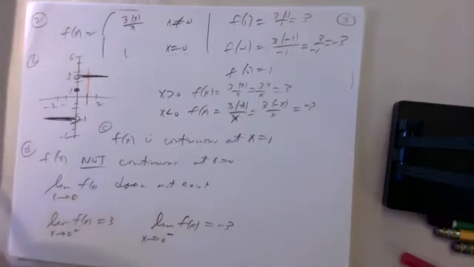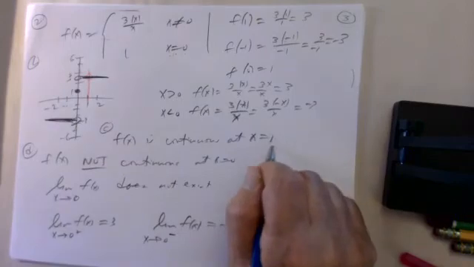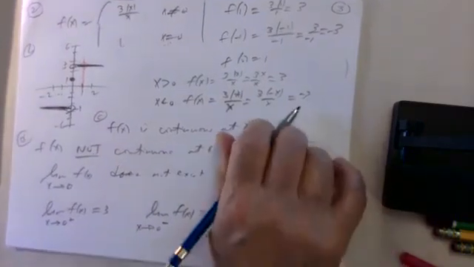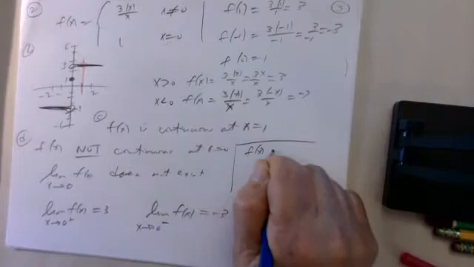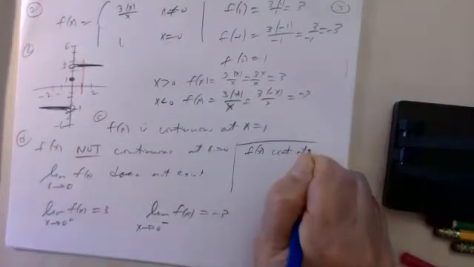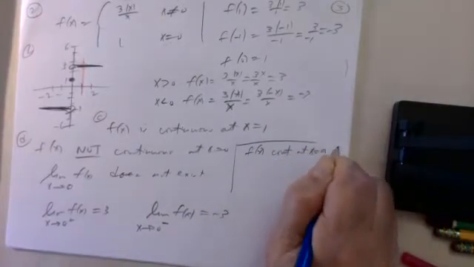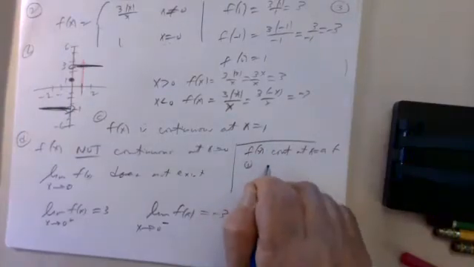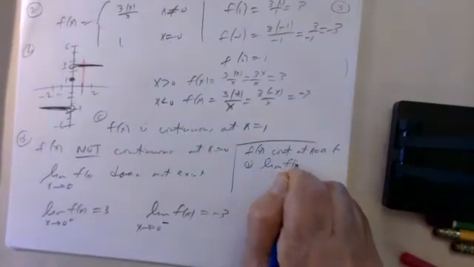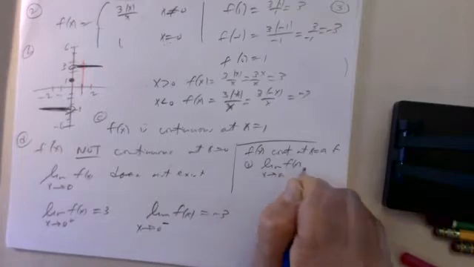Okay, so we would explain it like f of x is continuous at x is 1. Why would that be? Because there's a limit. No, there are 3 conditions that have to be satisfied. A function f of x is continuous at x equal a, some number a, if, first of all, the limit of f of x as x goes to a exists.